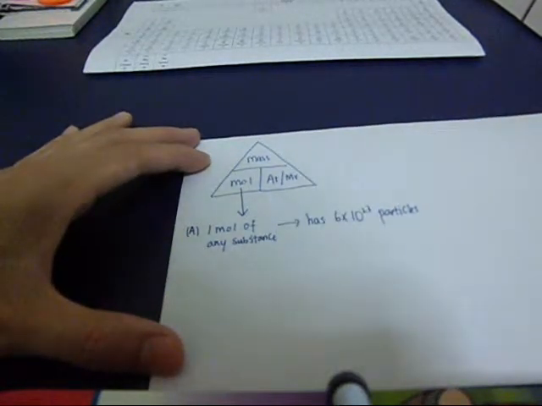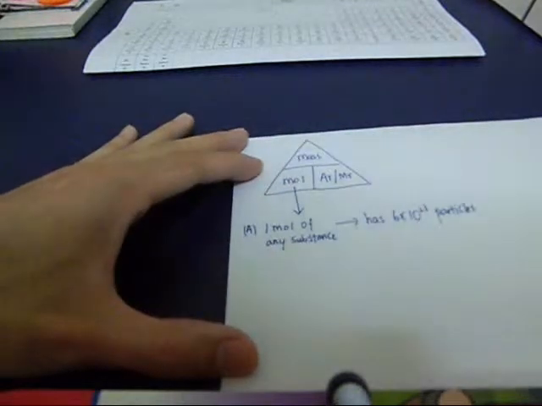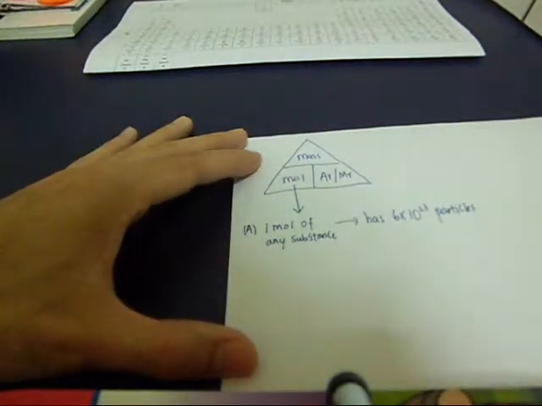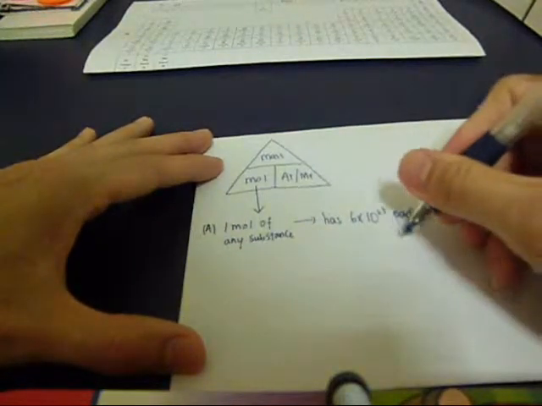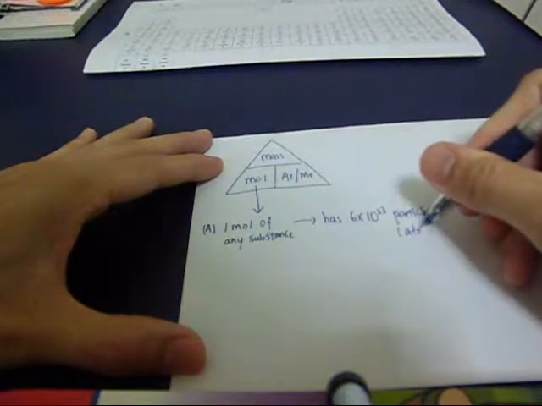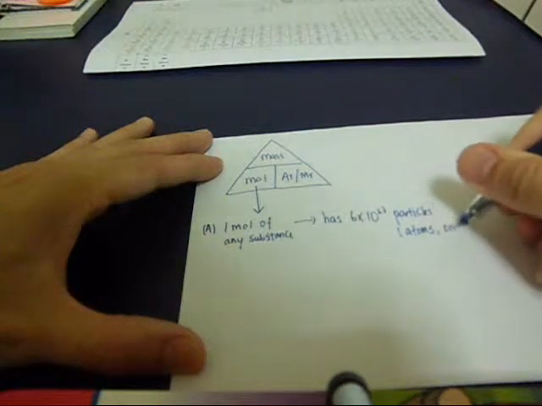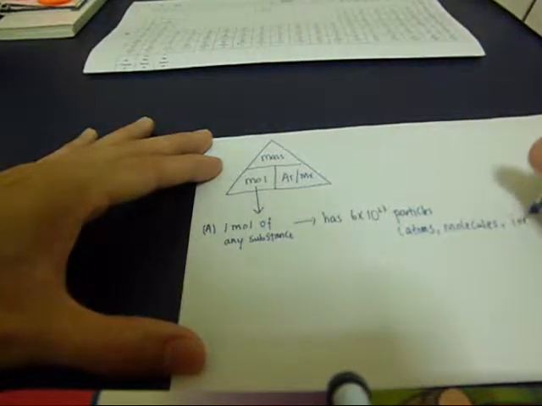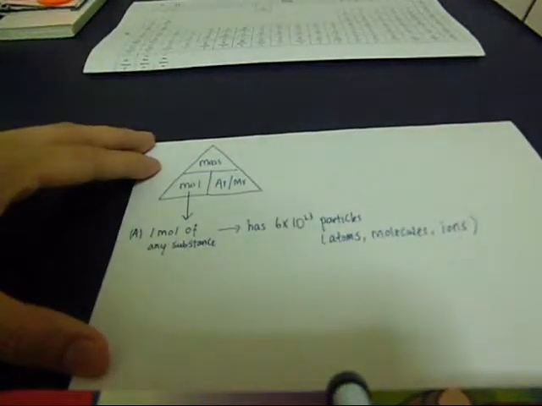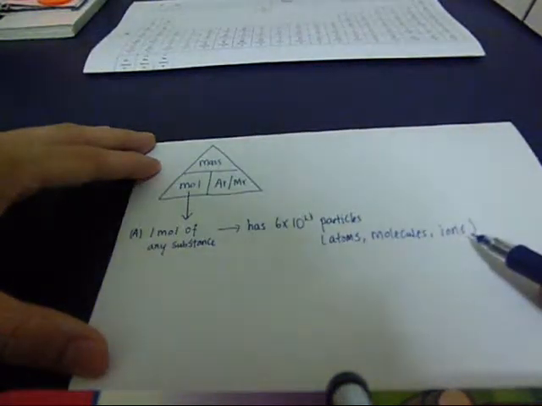Now why do I use particles? Because this substance can be a covalent compound, it can be an ionic compound. So these particles could be atoms, molecules, or ions in the case of an ionic compound.